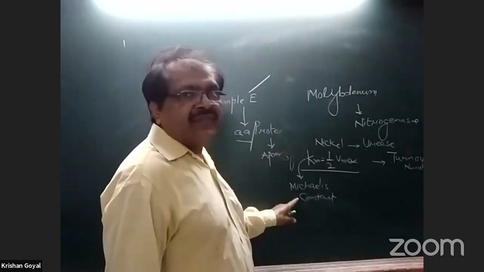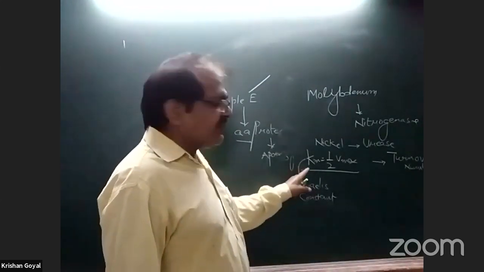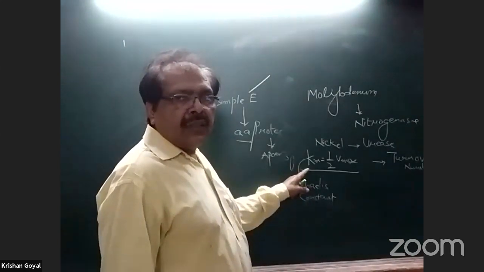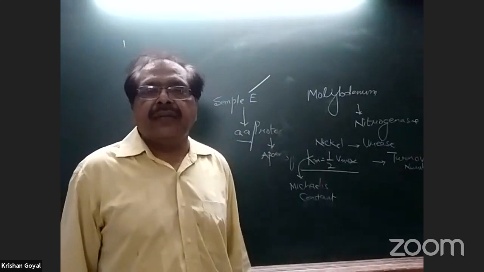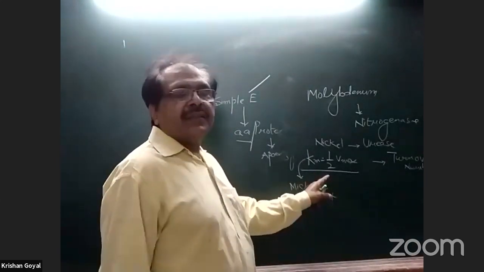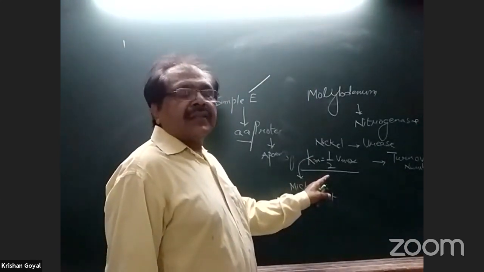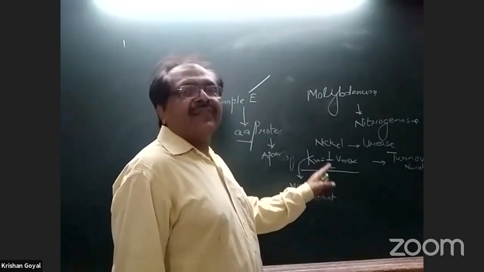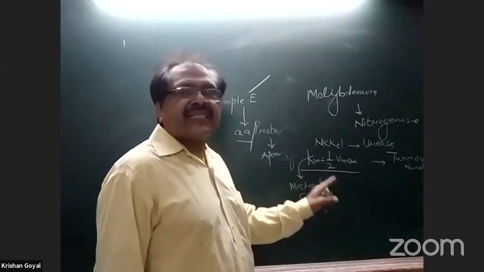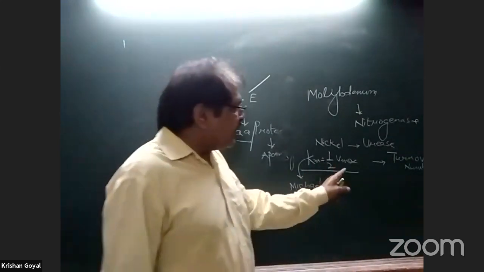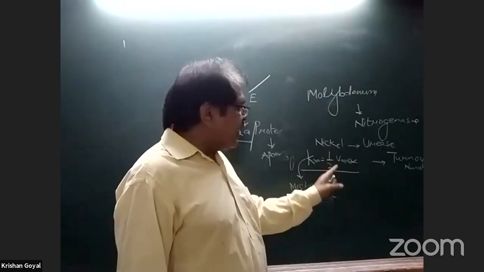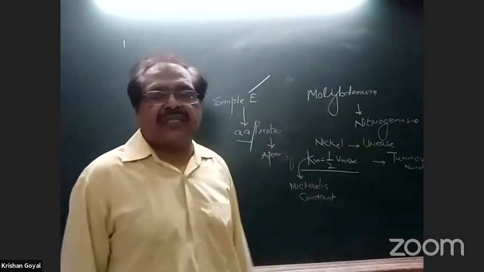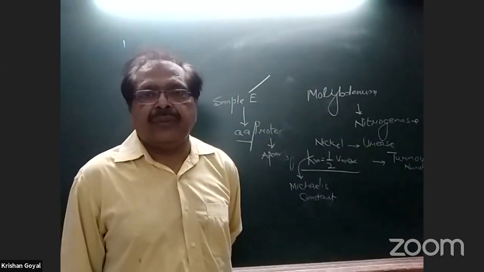Michaelis was the name of the scientist who discovered this Km. Km represents the substrate concentration when the velocity is half of the maximum, or you can say that half of the maximum velocity is represented by the Km value.